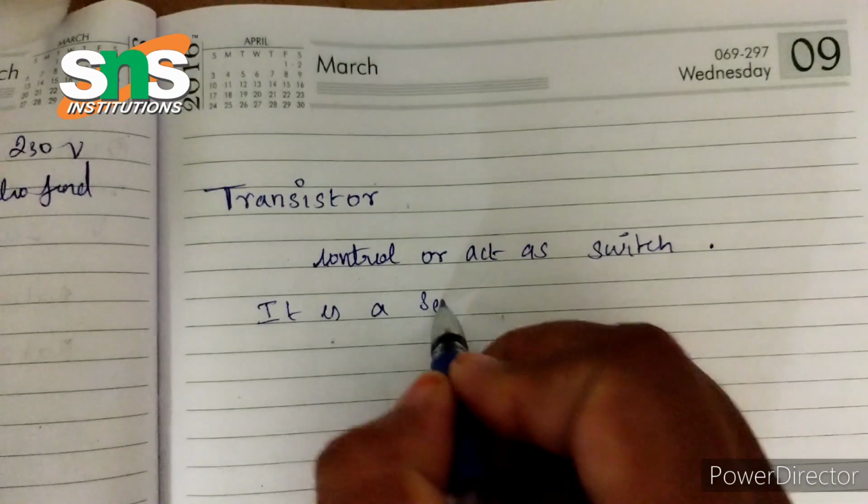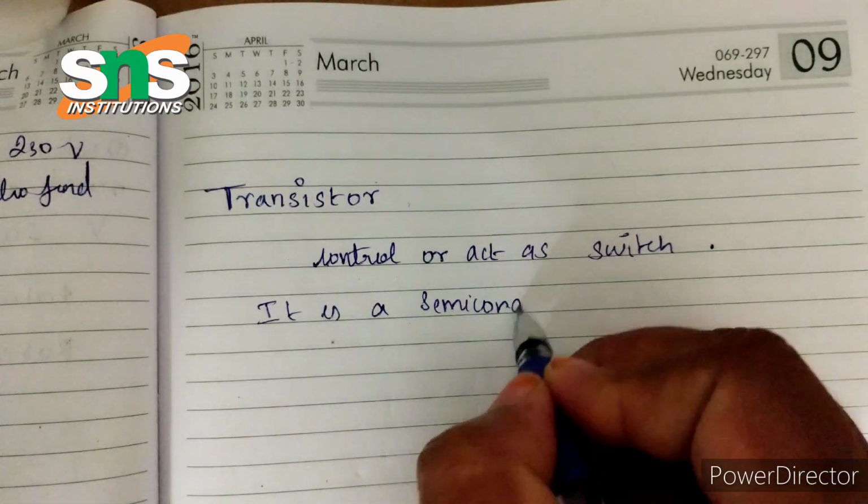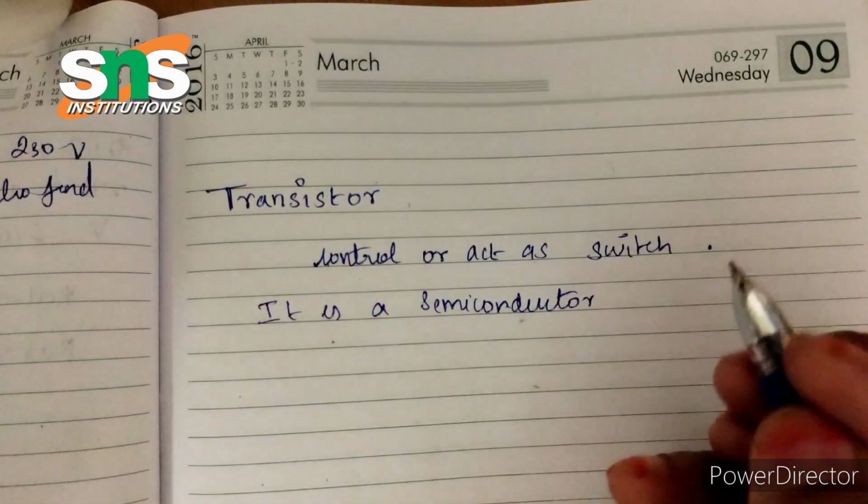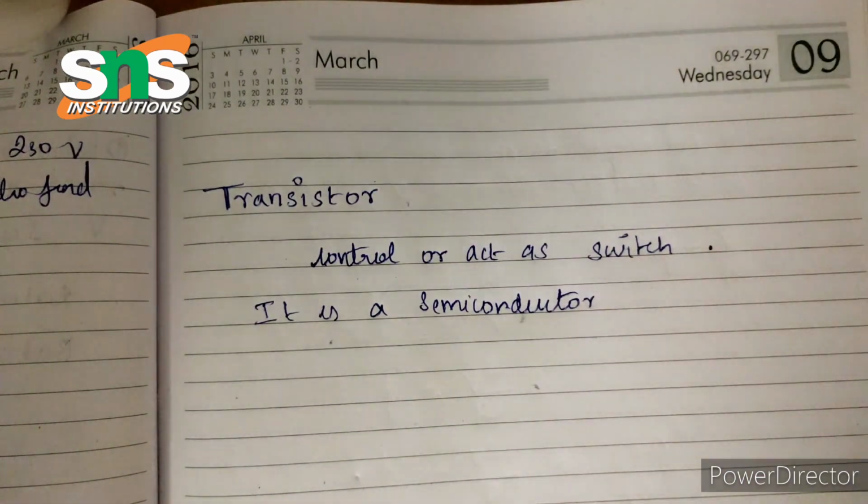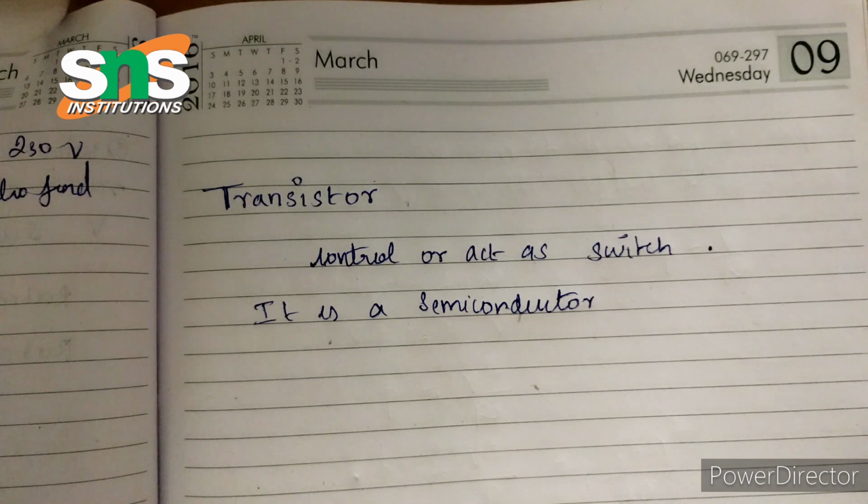It is a semiconductor device. What is the meaning of semiconductor? You know very well that an insulator does not conduct. That means we can't pass any energy while we are connecting the insulator in between.